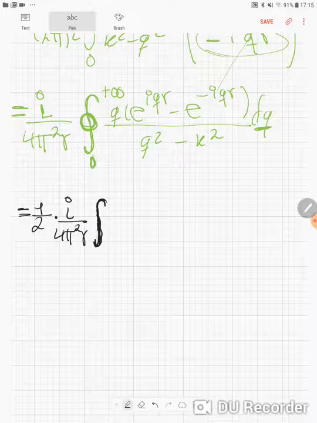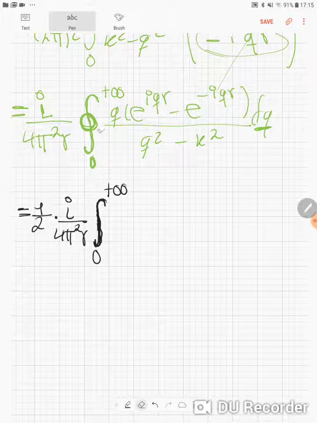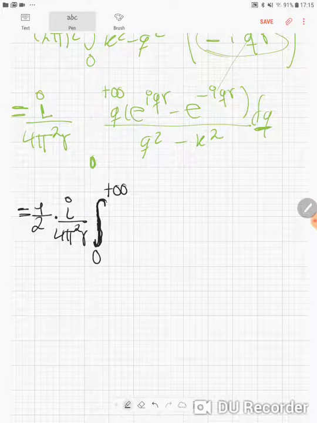integral from 0 to plus infinity. We should erase this integral like that. This is just a normal integral now.